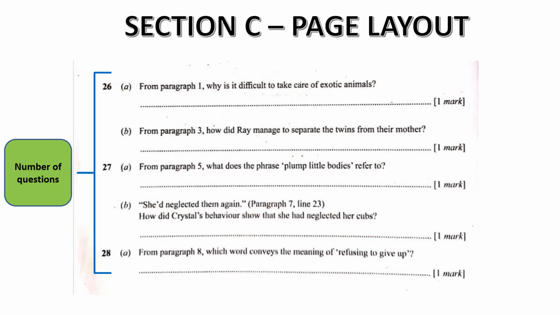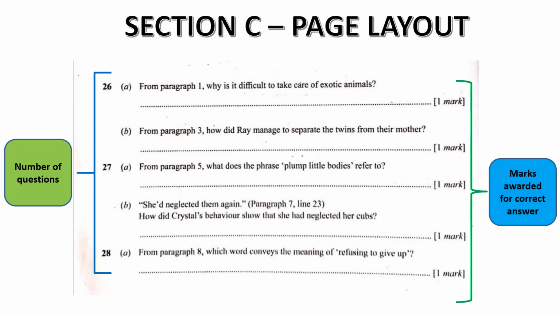Overall, Section C is worth 10 marks. You do not need to worry because each question will tell you on the right-hand side how many marks are awarded. Normally, only 1 mark is awarded for each question except for question number 30, before the summary question. Number 30 is normally the KBAT, the HOTS question.